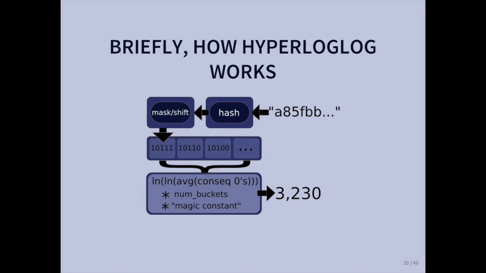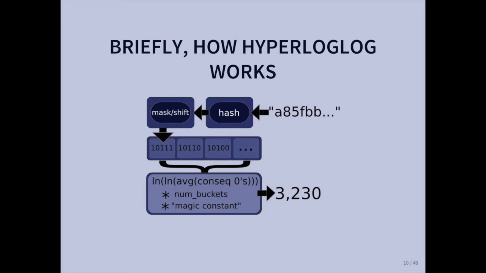Now for a read, when you actually want to get some data out of it, you don't just have a bitmap sitting on disk. The reason it's called HyperLogLog is that you take the log of the harmonic average of the highest number of consecutive zeros in binary for each of these buckets. Then you multiply that by the number of buckets, and then by a magic constant, and you get a very close approximation of the unique items in the set.